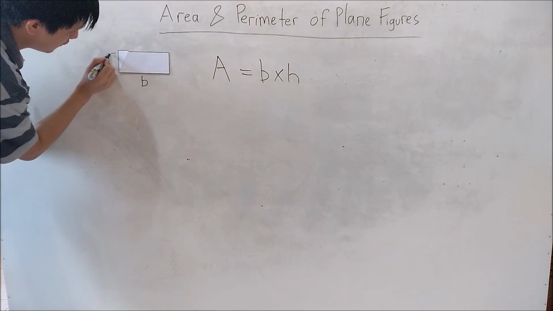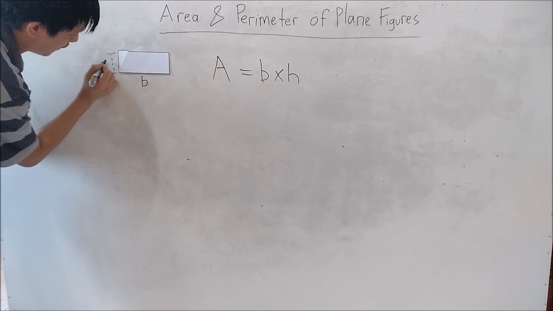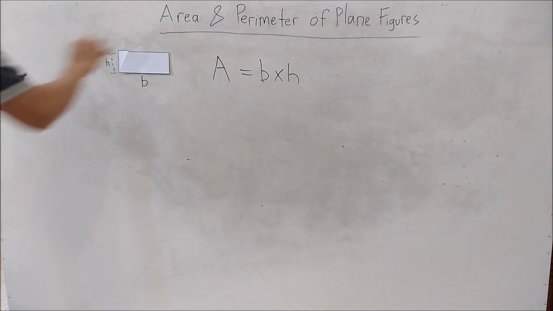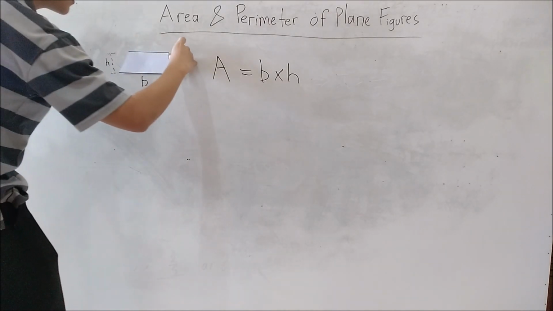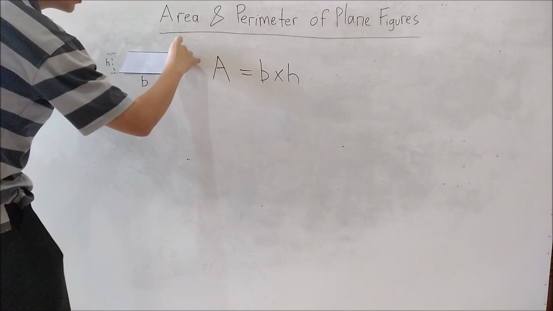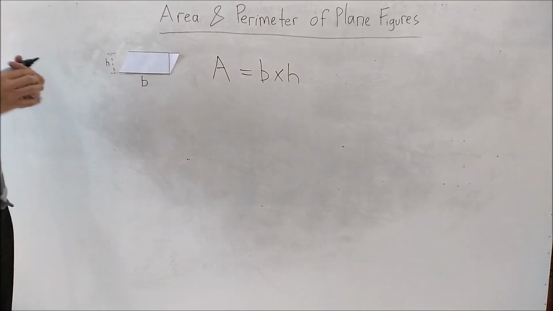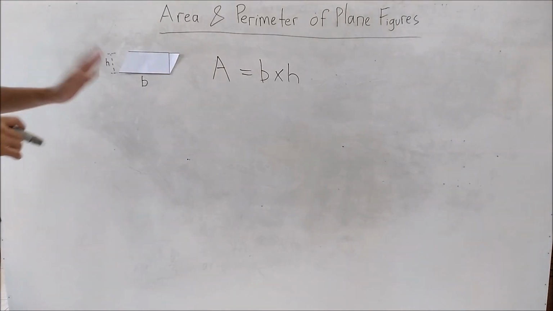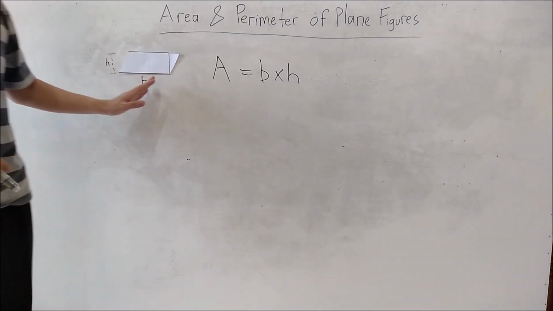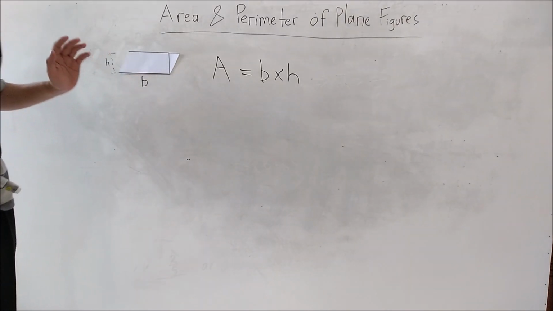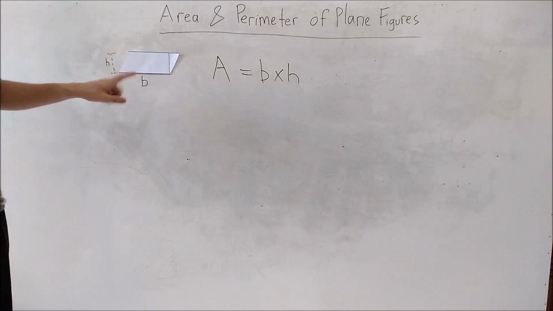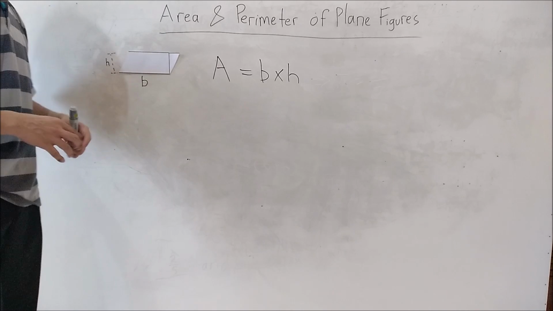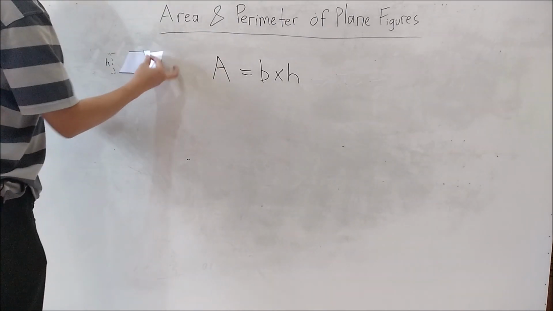From this point to this point, we call it height, right? And then when we change this, it won't change. I just cut it and move it aside. It won't change the area of the figure itself. That's why it is the same as a rectangle, which is base times height. Okay? That is about parallelogram.